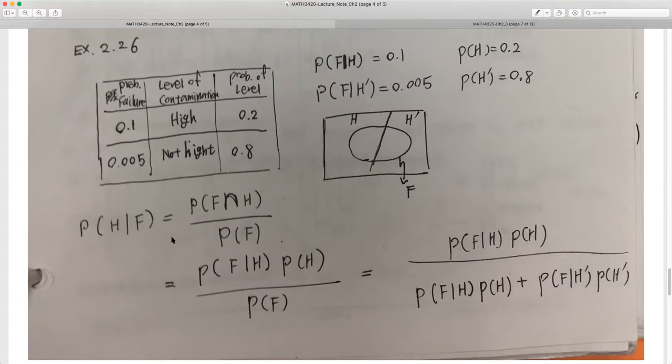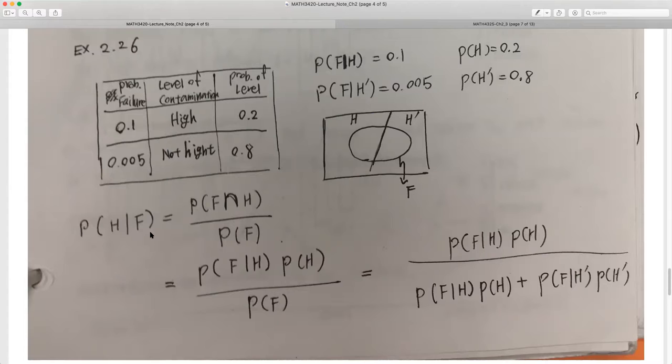Then we can figure out P of H given F. Normally the problems ask you to find P of H given F, which is unknown, but the problem gives you the conditional probability of F given H. It asks for the opposite conditional probability, H given F.